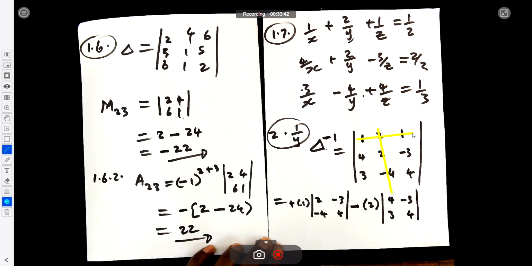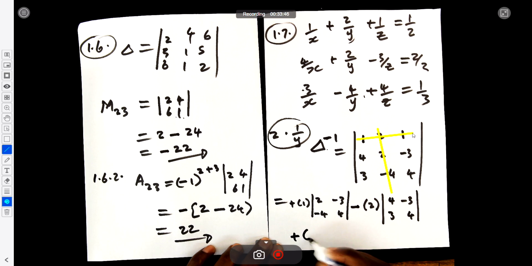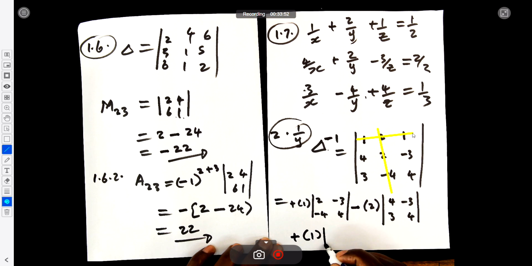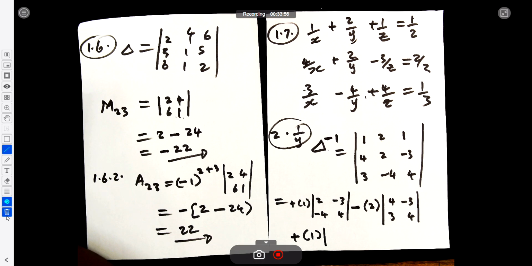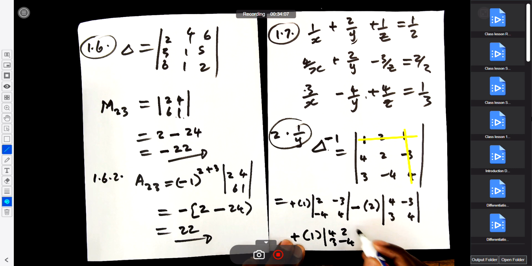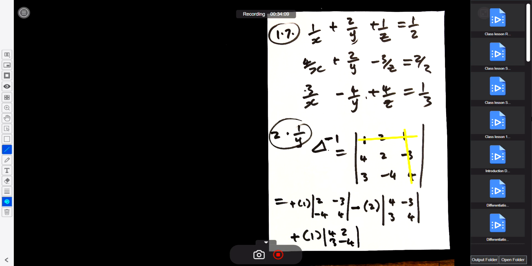And the other one is going to be plus the output. So we're going to the last column, first row. Therefore, the minor, eliminating 1 now, vertically and horizontally, will be 4, 2, 3, minus 4. So we can evaluate now.